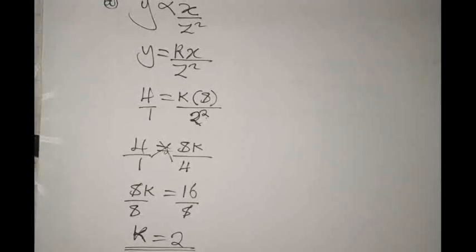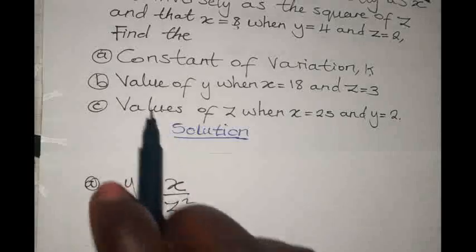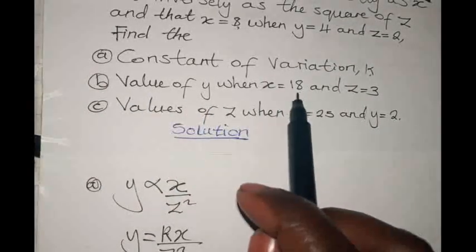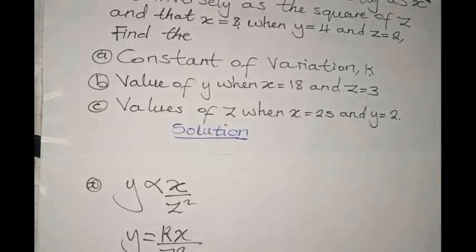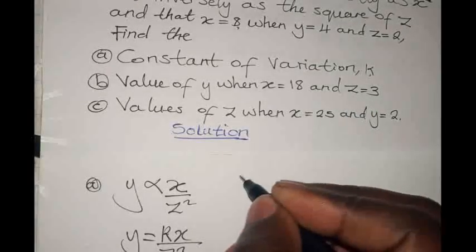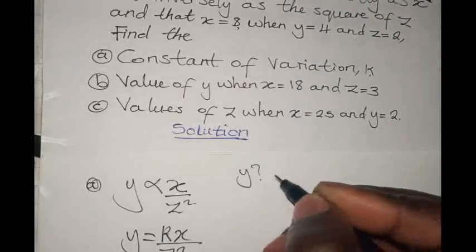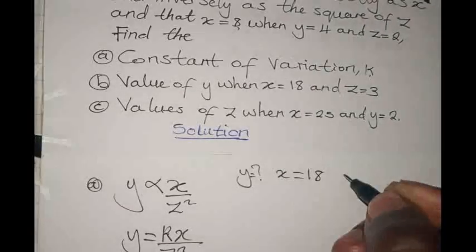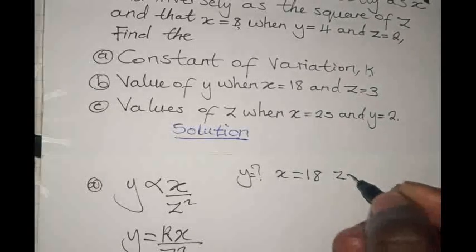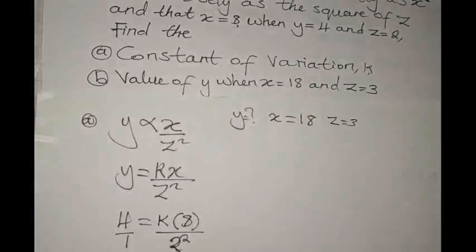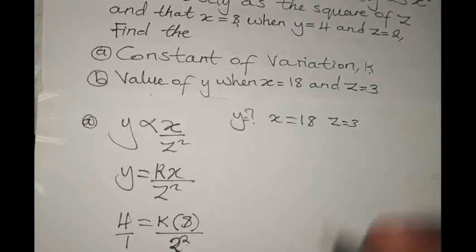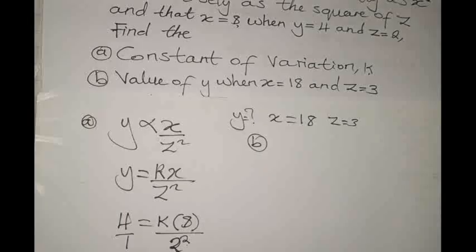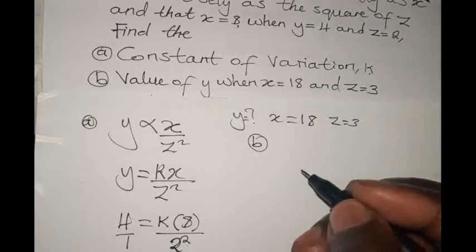Now the next question, b, says find the value of y when x is 18 and z is 3. So the value of y we don't know. How we answer b is that we rewrite the value of k.